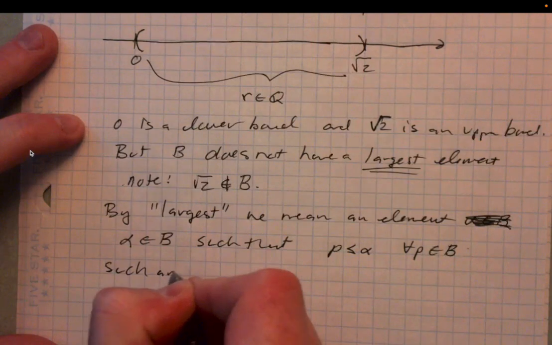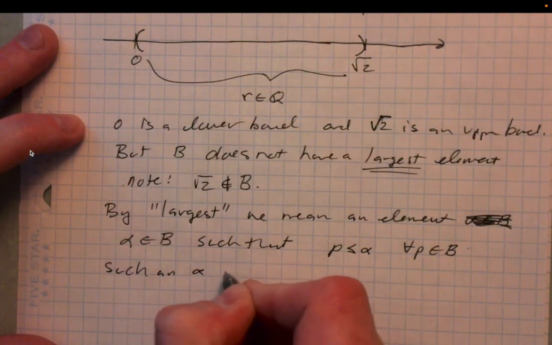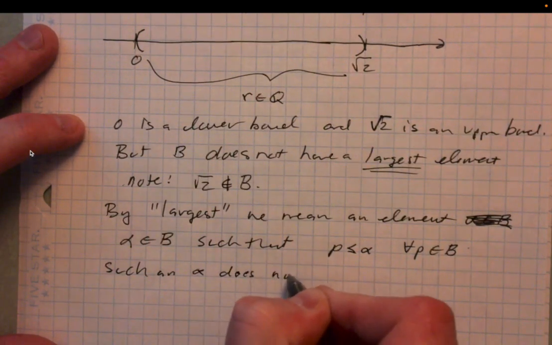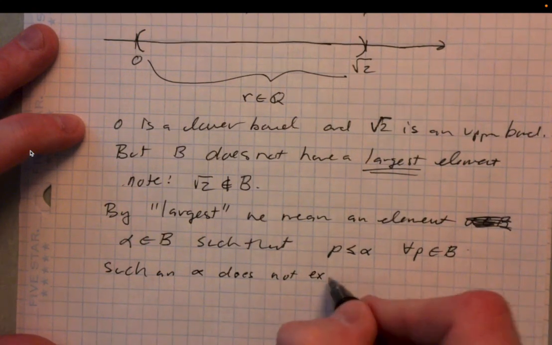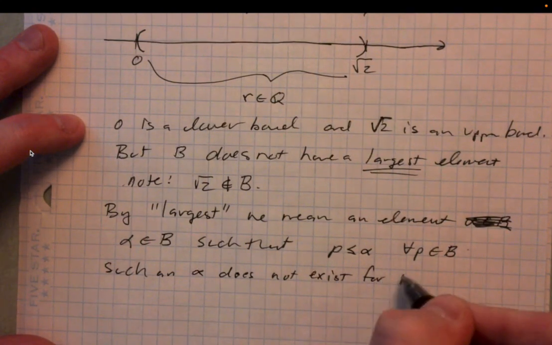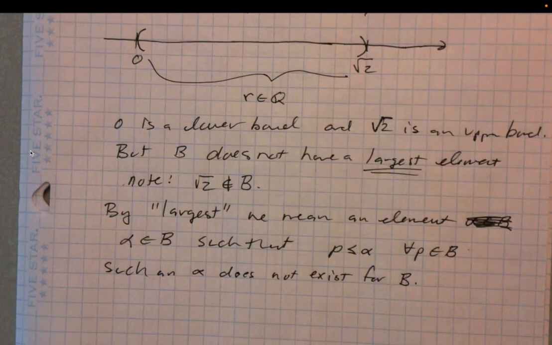So such an alpha does not exist for the set that we've defined here. Sometimes it does. I could give you an infinite variety of examples where such an alpha does exist, where there is a largest element. Obviously, you've seen those.